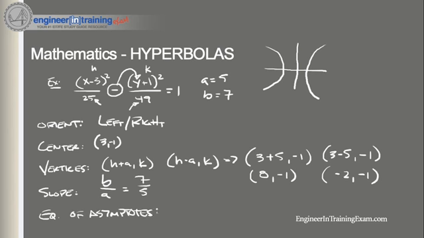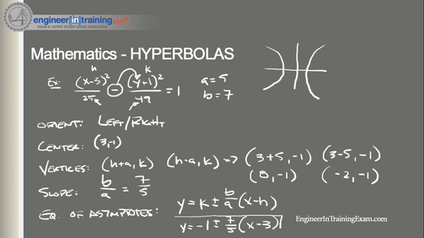We know the general form of the equation for the asymptotes is y is equal to k plus or minus b over a, times x minus h. And so the equation is going to be y is equal to k, which is negative 1, plus or minus 7/5 times x minus 3. So that's it right there. All the information we would ever want about a hyperbola, real quick.